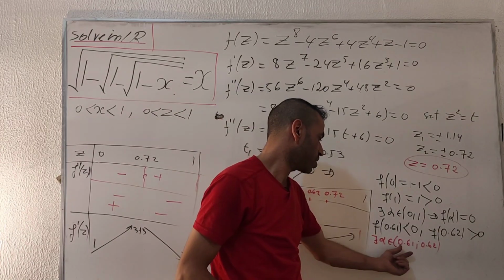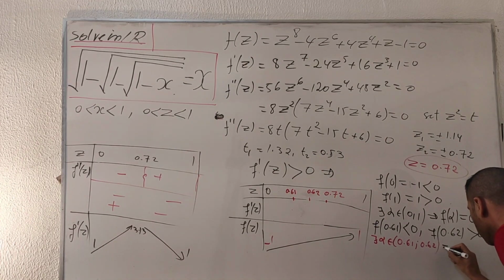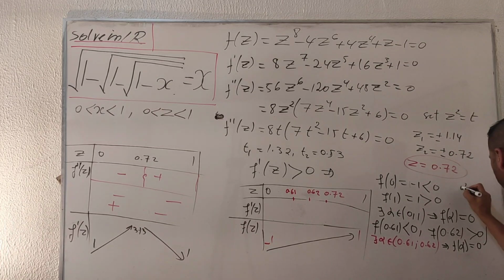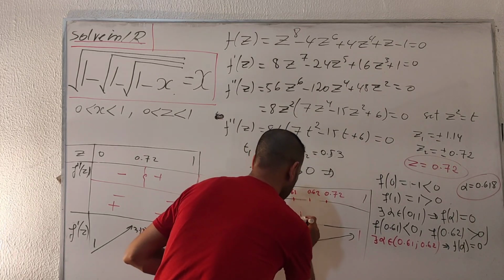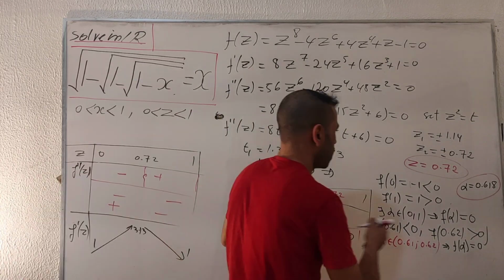That's the intermediate value theorem rule. Solution, which means f of alpha equals 0. Exactly, if you check it, you will find alpha equals 0.618. Our solution here, f of alpha equals 0.